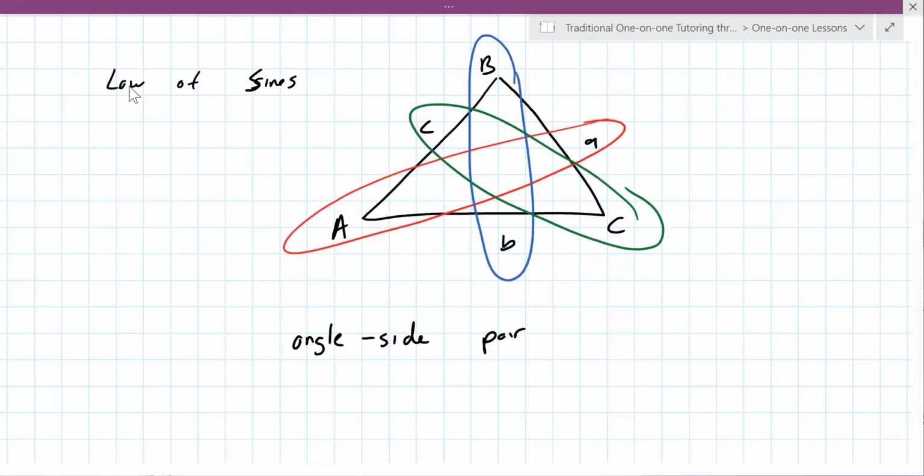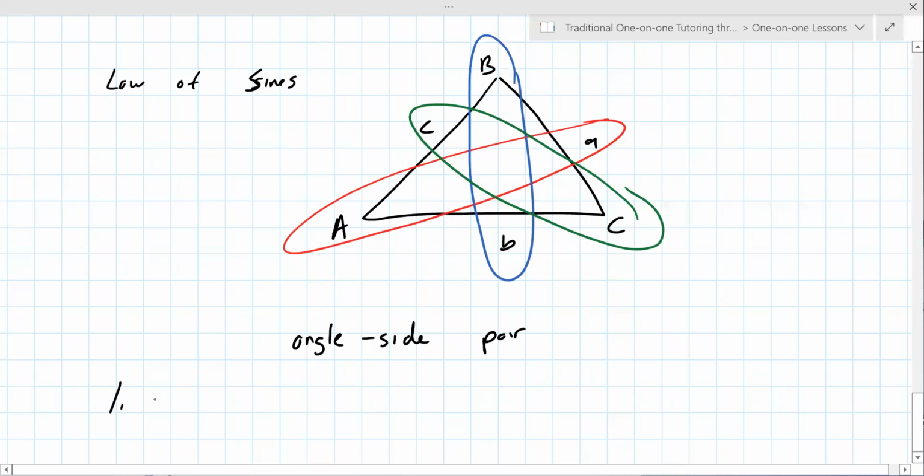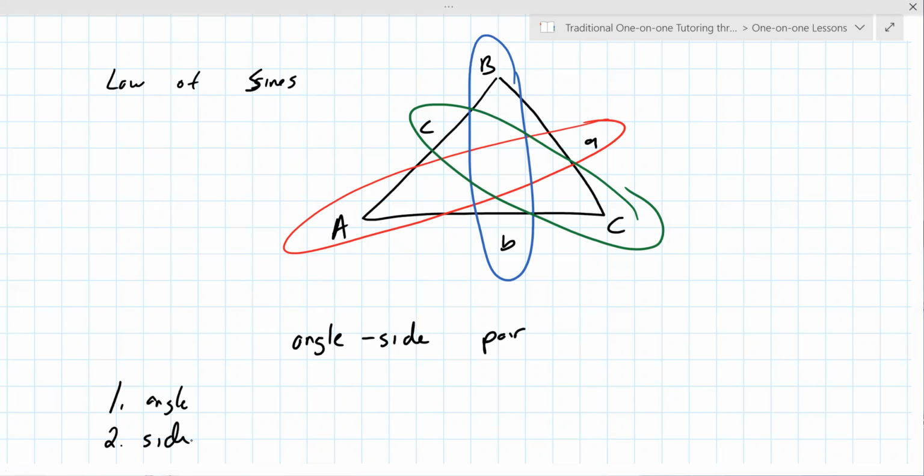Law of sines can be used for 2 purposes: you can either find an angle or a side. There's another law you'll probably learn tomorrow, the law of cosines, but you have to know when to use it. So this angle side pair is really important, and you have to be able to recognize that.